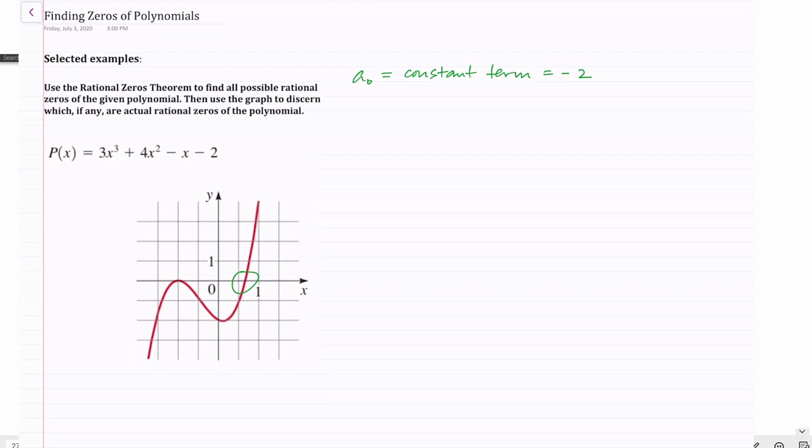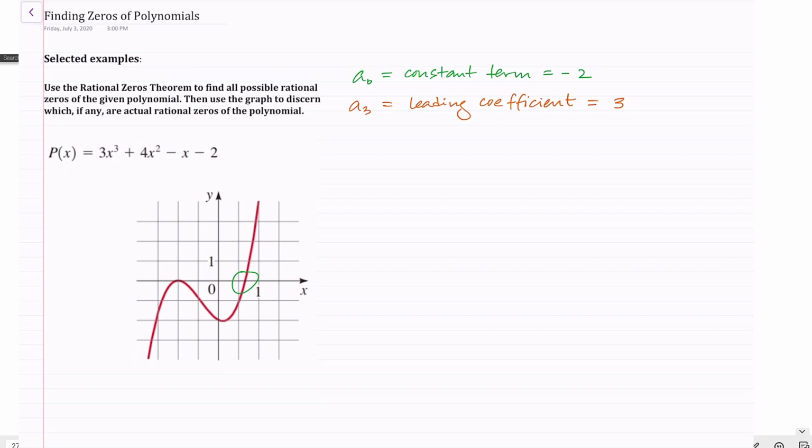We just care about the 2, more or less. And the leading coefficient in this case, since the dominant term is a third degree term, would be a sub 3, and it is positive 3.